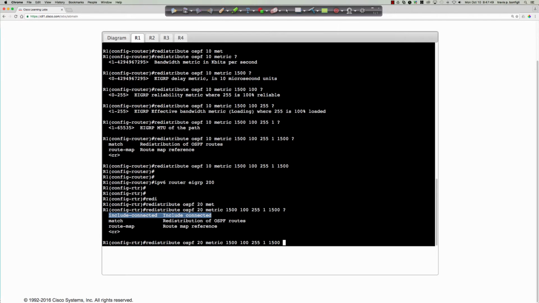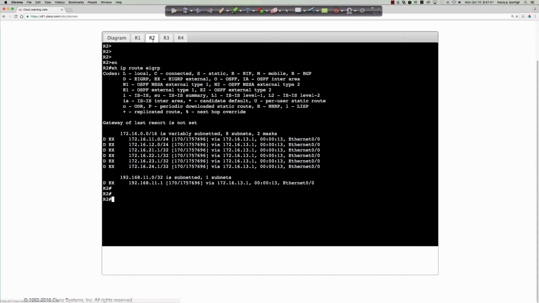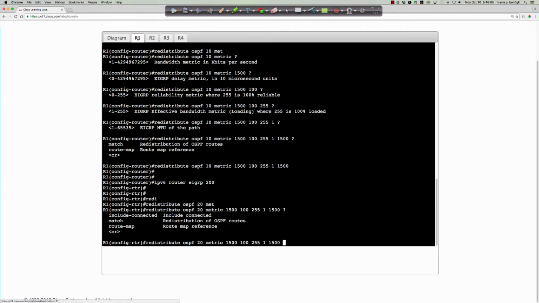I'm showing you the IPv4 addresses here, but remember, these are the transit networks. So 172.16.11 and 12, those are transit networks. If I wanted those connected networks in IPv6 to be included, I would say include connected.